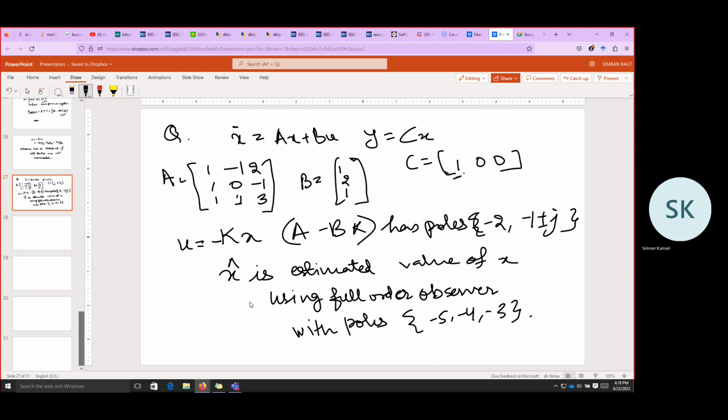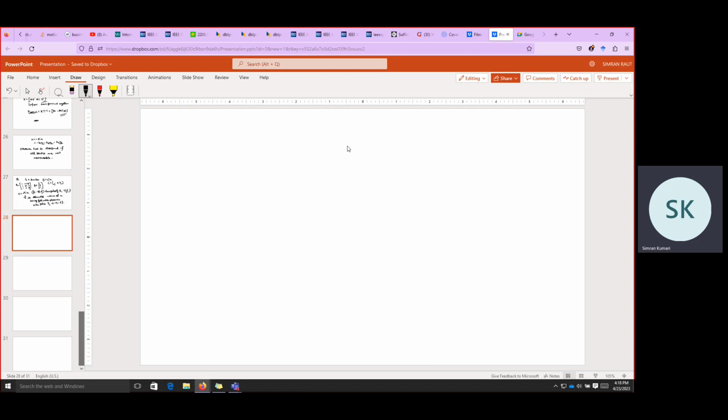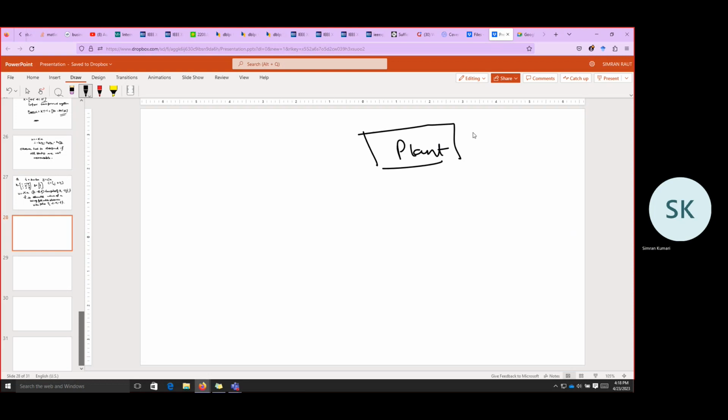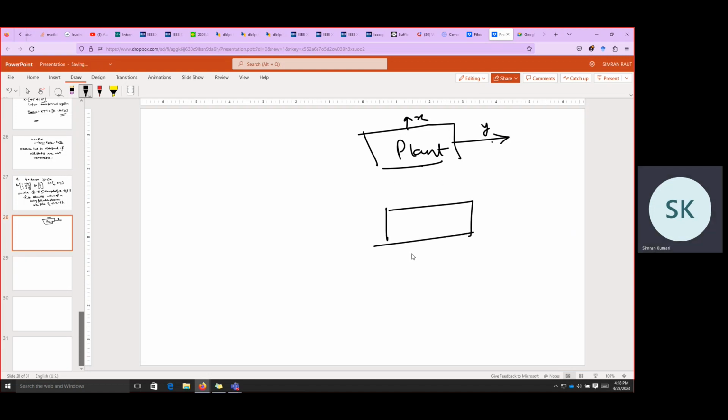Okay. So that means we have output as feedback. We have this plant with output Y, and there is this state X. So we have again a model of this plant, which is X cap dot equal to A X cap plus BU, and we have some additional term, which is L times Y minus Y cap.